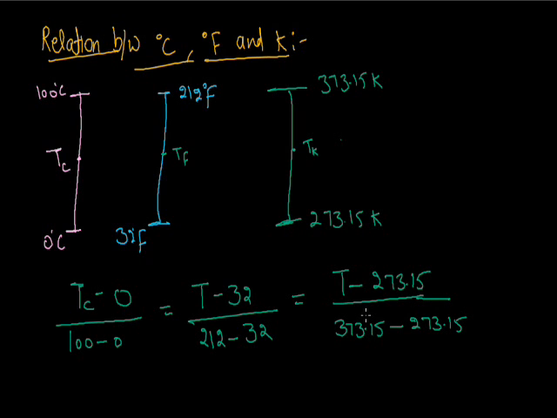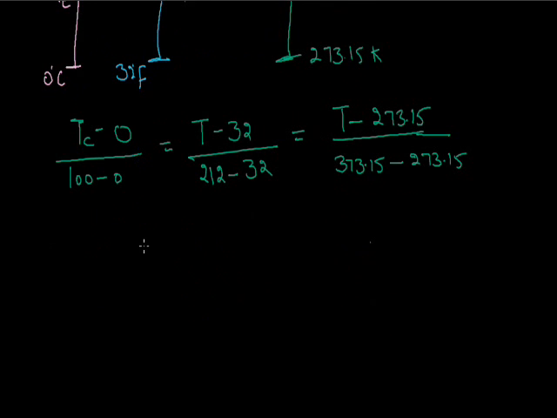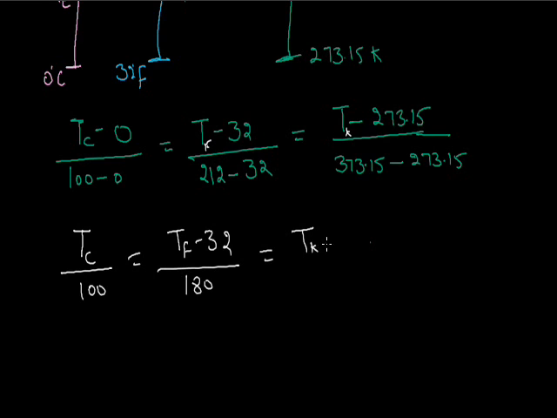Or we can write this as Tc divided by 100 is equal to Tf minus 32 divided by 180 is equal to Tk minus 273.15 divided by 100.